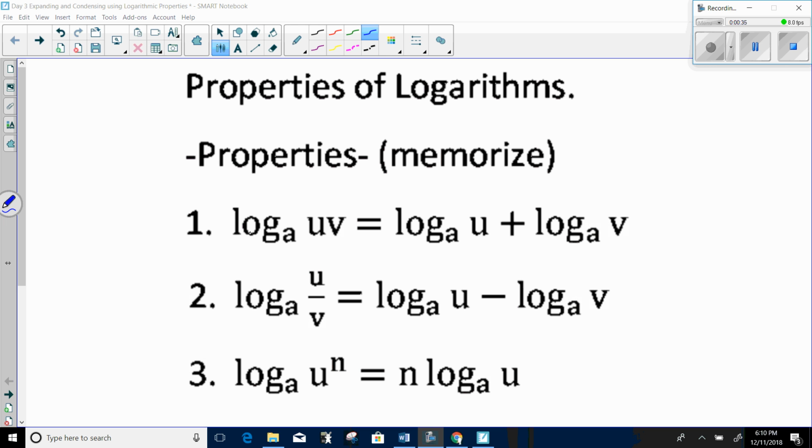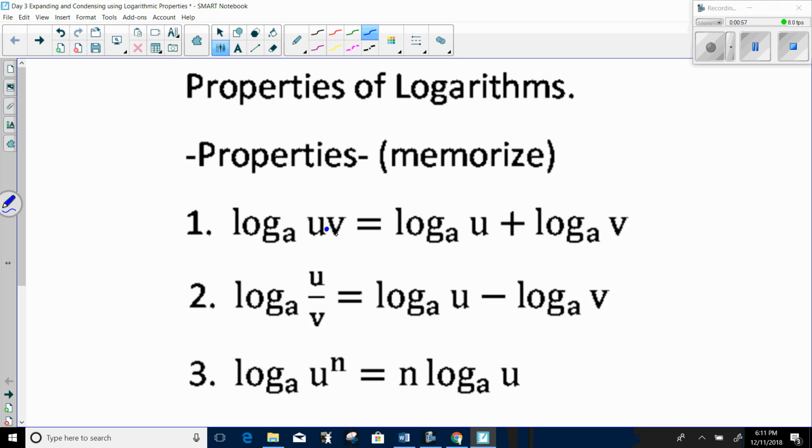So the first property says log base a of u times v. Notice the multiplication symbol there. It's not there, but it's understood to be multiplication. So remember, this is an exponent, okay? So think about back to algebra 1. If you have an operation of multiplication, that means to add the two exponents together.